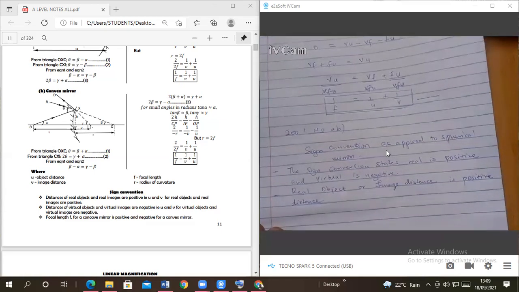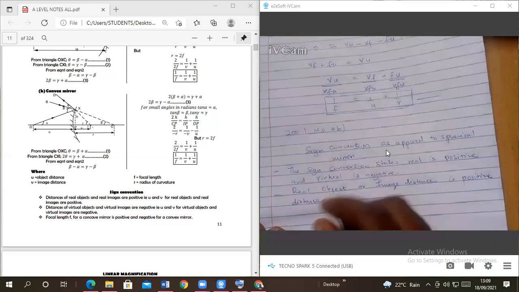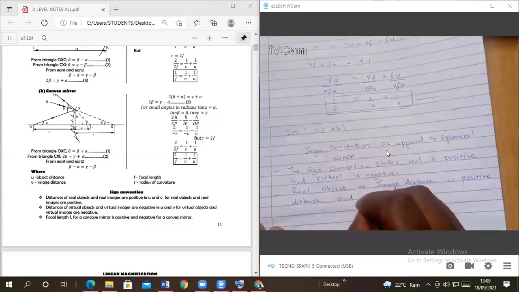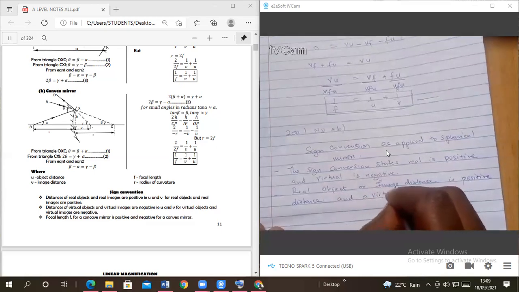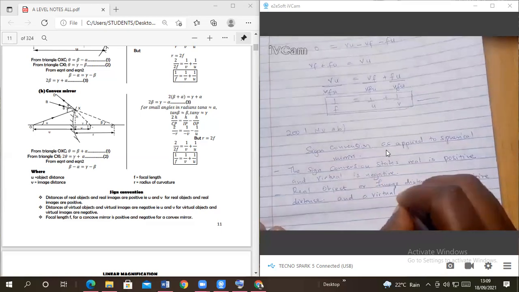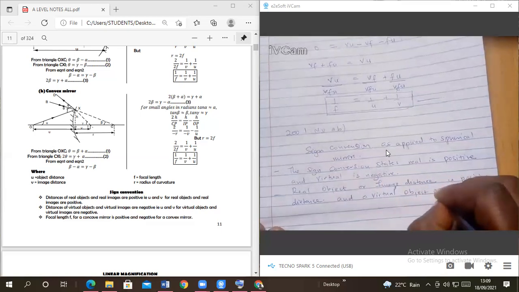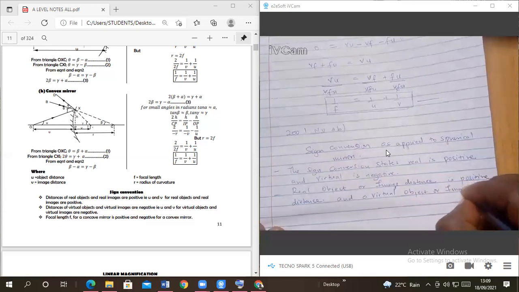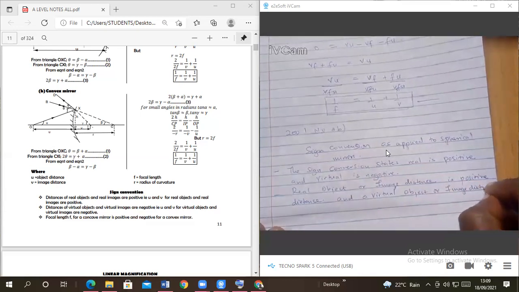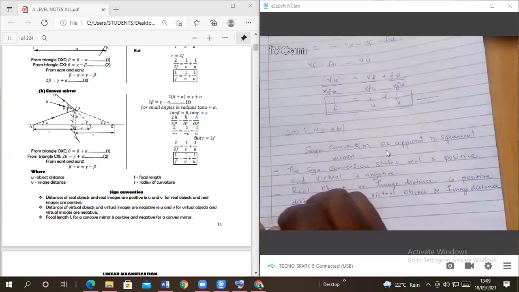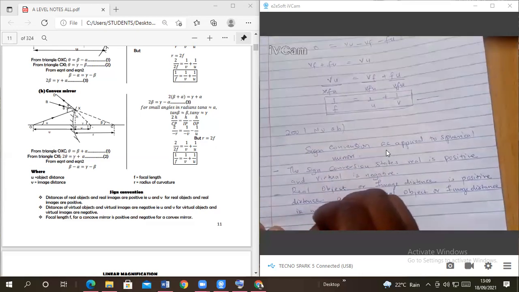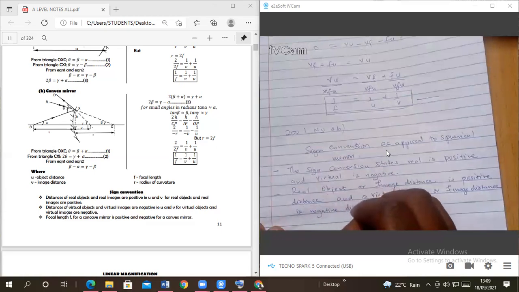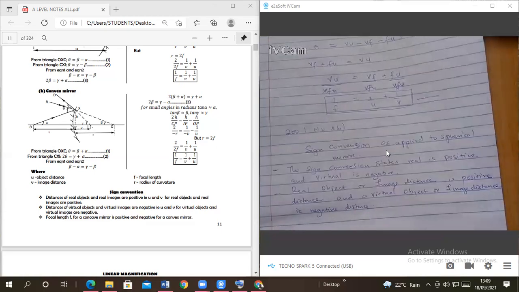If the image distance is real, then it is a positive distance, and a virtual object or image distance is negative. So something that is virtual is going to be negative, and something that is real is going to be positive.